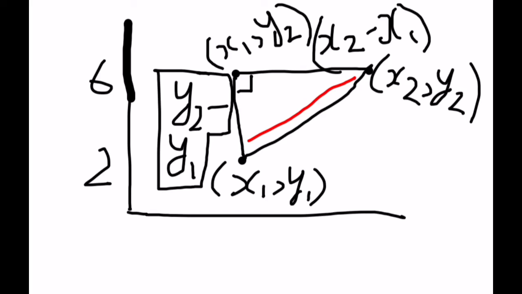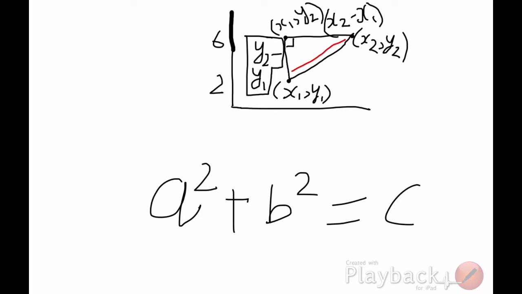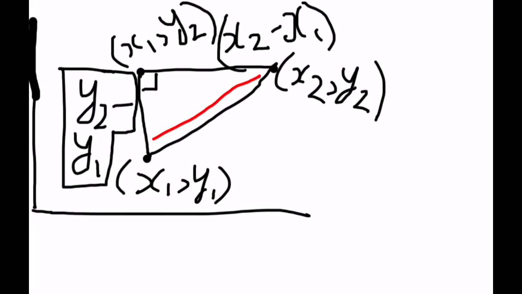Now, if you know the Pythagorean theorem, which states that in a right triangle, if A and B are the legs and C is the hypotenuse, then A square plus B square equals C square. It's just a formula. So if you apply that here, look what happens.